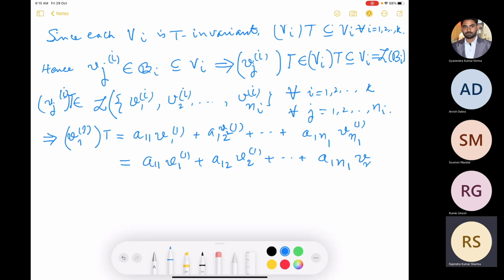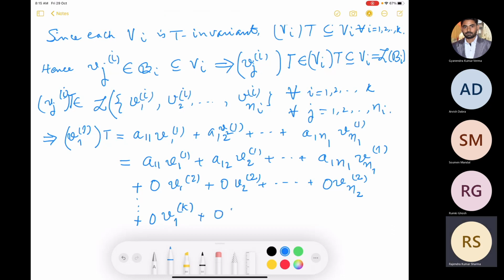Plus 0 times the elements coming from V2, plus 0 times V2, and so on, and like this 0 times the vectors from the kth subspace. This is the linear combination.